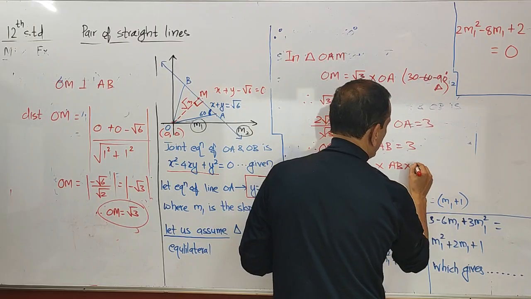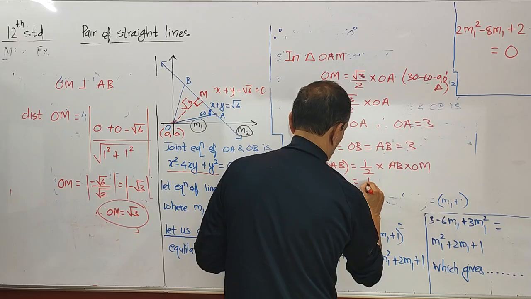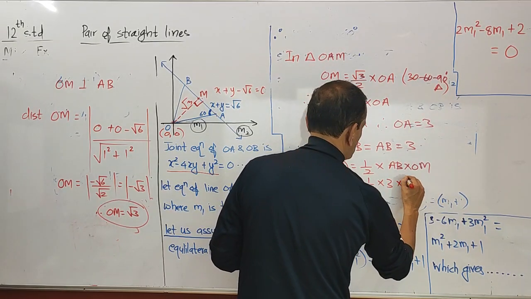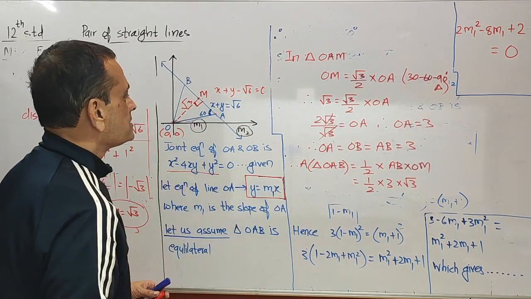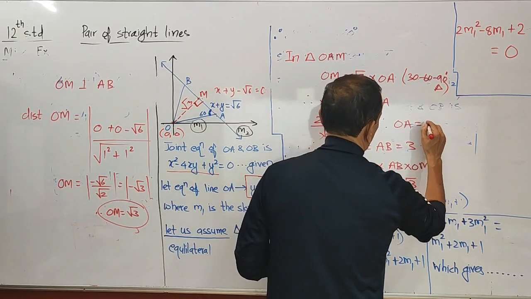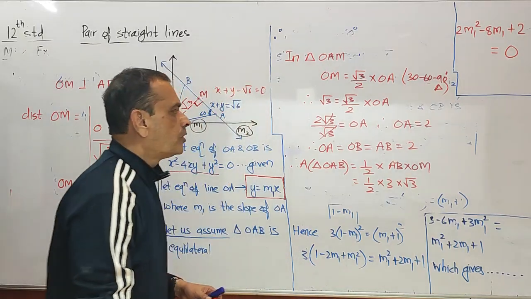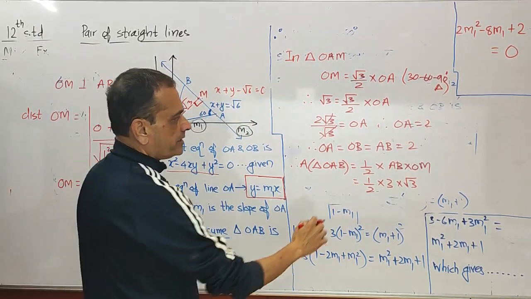Base is always perpendicular to the height. AB is 3, OM is... AB कितना आ गया? OA equal to OB equal to AB equal to 2, not 3, sorry, it is 2.